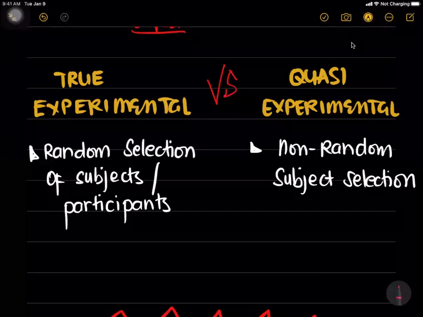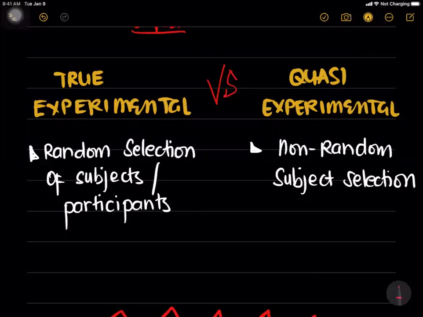The main difference between the two types of experimental research design, class, is the manner or the way that your participants or subjects are selected. That's the very basic difference between the two. Your true experimental follows a random selection, and when we say random selection, there are equal chances of selection.